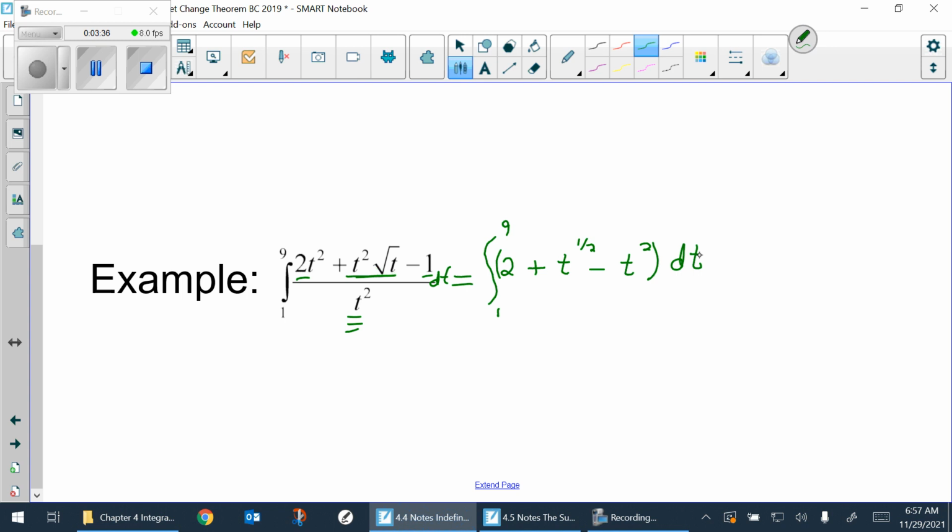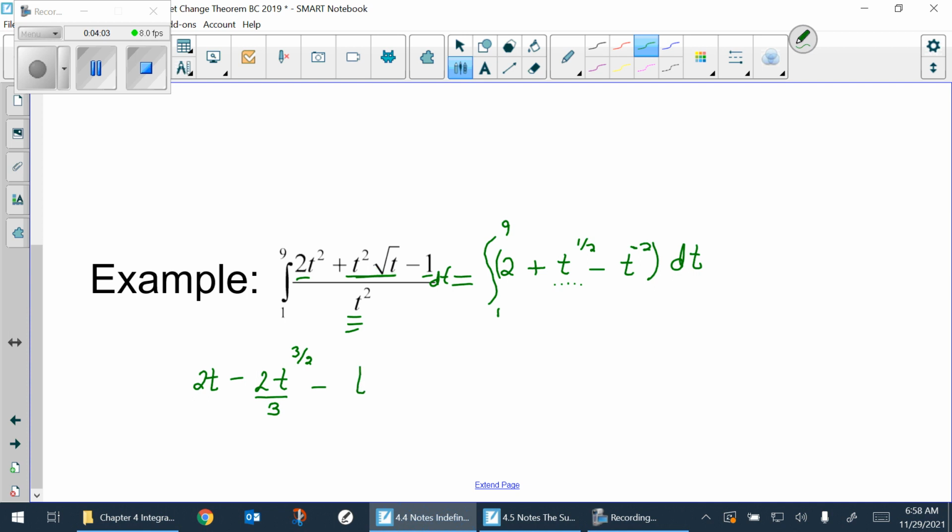Well, the antiderivative of 2 minus the antiderivative of t to the 1/2, t to the 3/2 divided by 3/2 or times 2/3. And sorry, this is t to the negative 2. So I'm going to start out by saying minus.